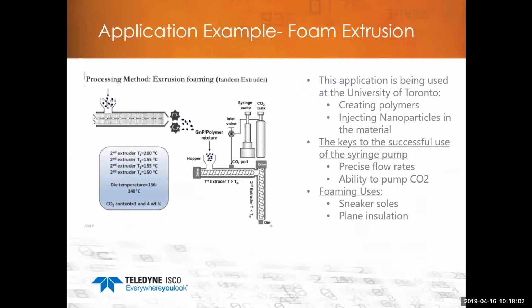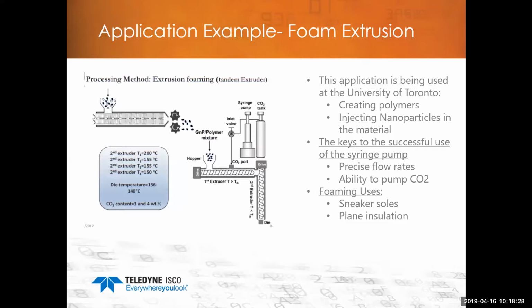Foam extrusion, another application. This is actually a place just at the University of Toronto, and they're using our D-series, so you can see the design of it right there, in their extrusion foaming methodology. It's very important that we have precise flow rates there, and we can pump CO2. That's why they love it. There are other applications they're doing there at the University of Toronto.